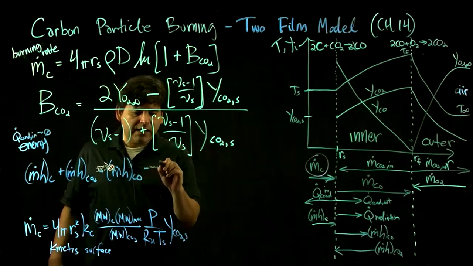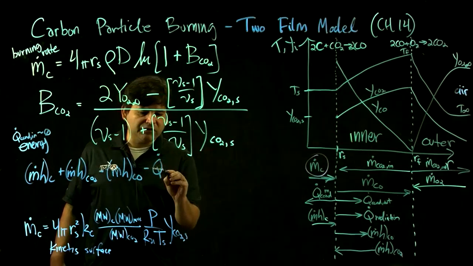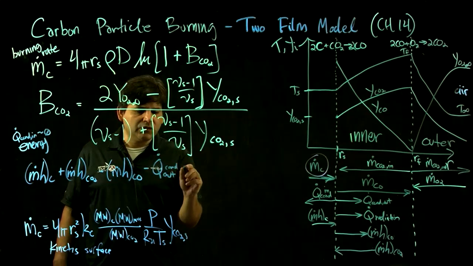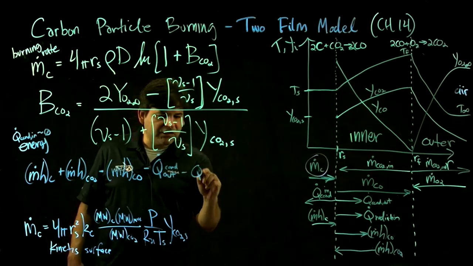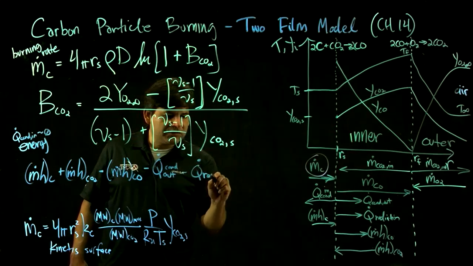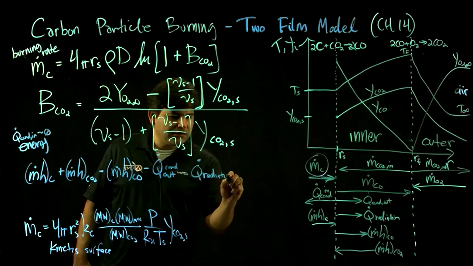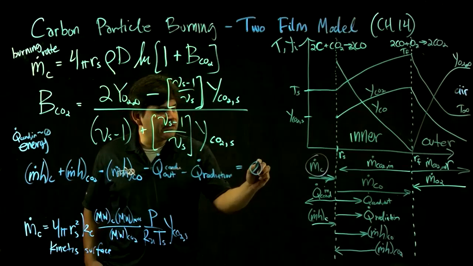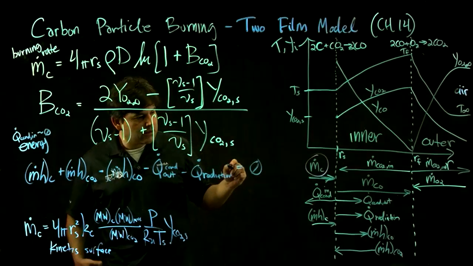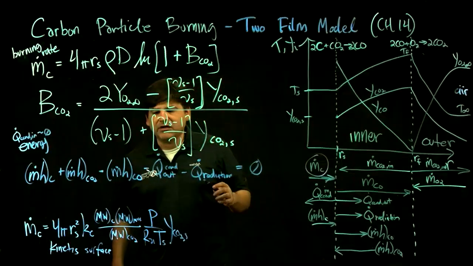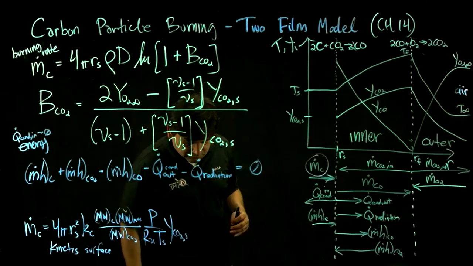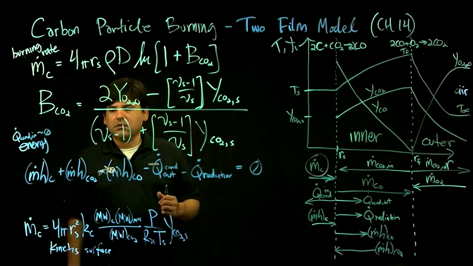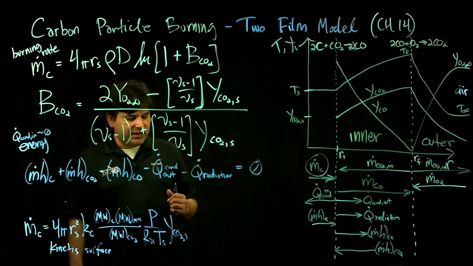And then we have some heat loss by conduction from the surface to the surroundings. And you also have some energy loss from the surface due to radiation. That all is at steady state. So that's the energy balance.